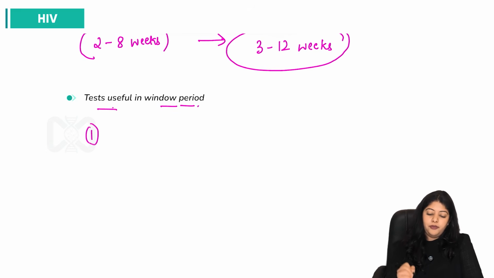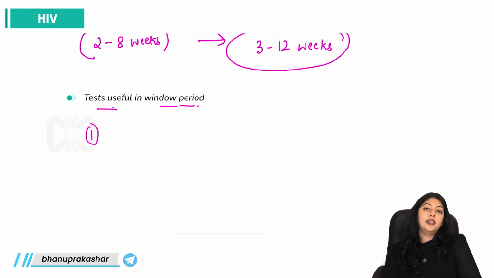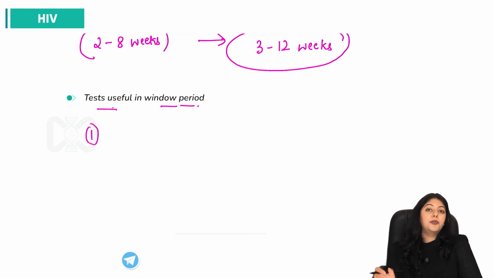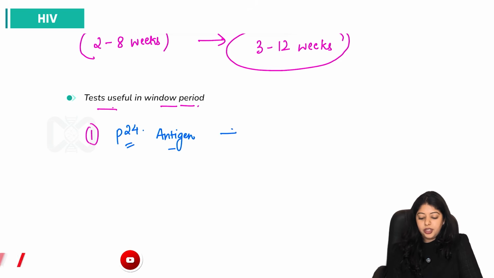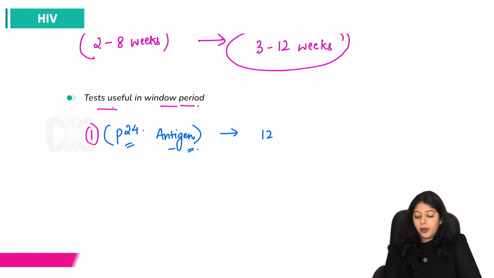Firstly, the structural Gag protein: what was the division of the precursor protein 55? It was 15, 24 and 18. So that was the P24 antigen. This antigen starts getting detected from around 12 days to around 26 days.